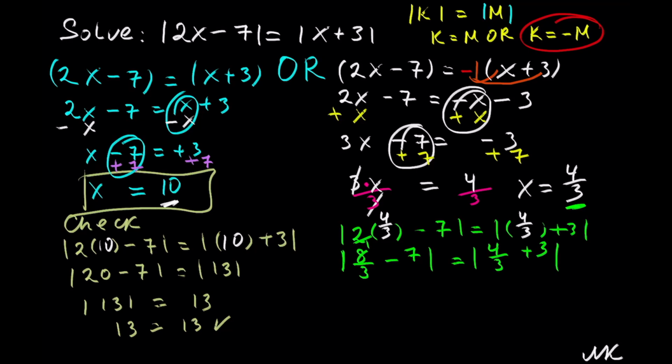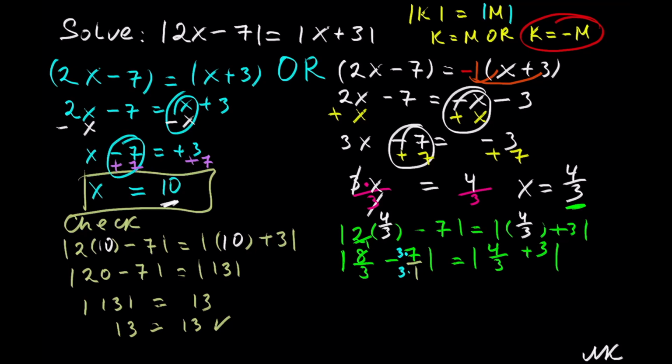So we have absolute value of 8 out of 3 minus 7. We need to combine these two fractions. 7 is out of 1. Common denominator is 3, so 1 times 3, numerator 7 times 3. This is equal to absolute value of 4 out of 3 plus 3.